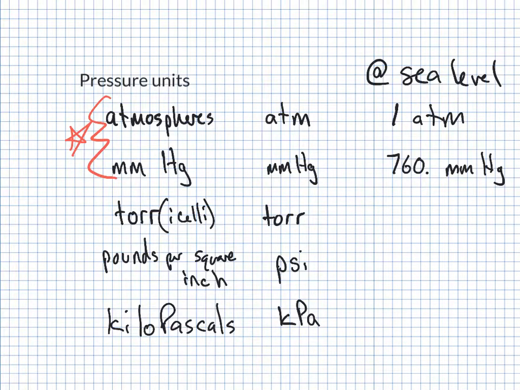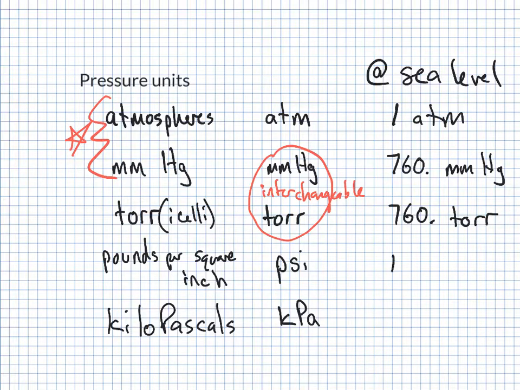Since Torricelli developed the barometer that's measured in millimeters of mercury, those two units are exactly the same. So 760 millimeters of mercury is the same thing as 760 torr, which means those two units are completely interchangeable. That's why on some rare occasions you will see something given in torr and you can just think in your head, okay, that's millimeters of mercury, done.